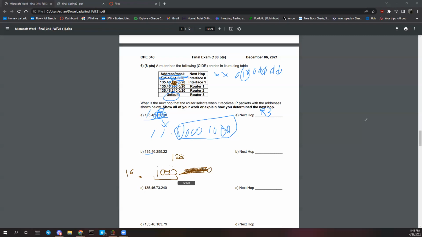So any value for our third octet here between the range 128, where all these are zeros, to where all these are ones, which is 15, so 128 to 143, would fit.